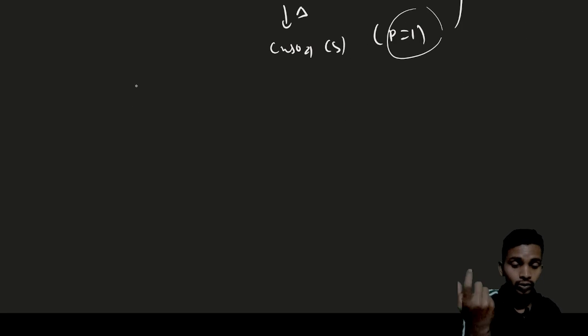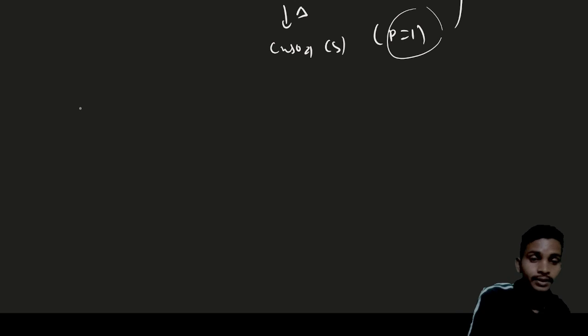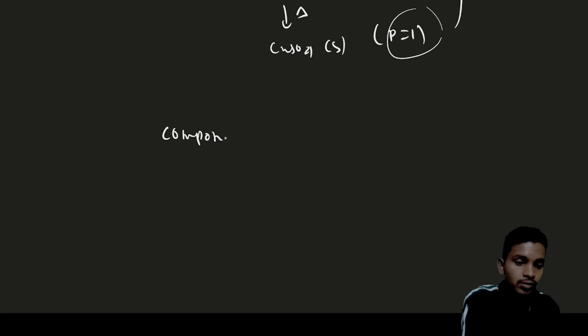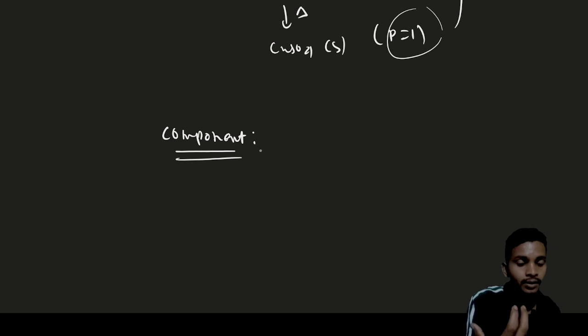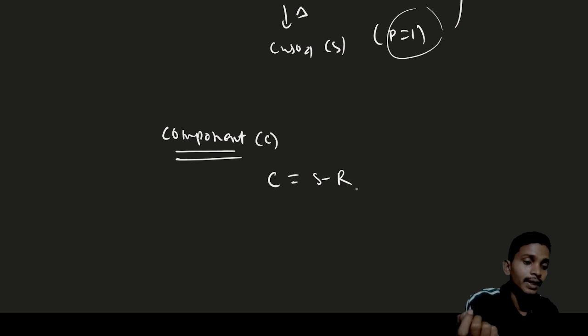Another important term we will use while studying phase equilibrium is components. What are components? It is what we define to explain the state of the system. Mathematically, the component is represented by C, so C equals S minus R. What do we mean by S?